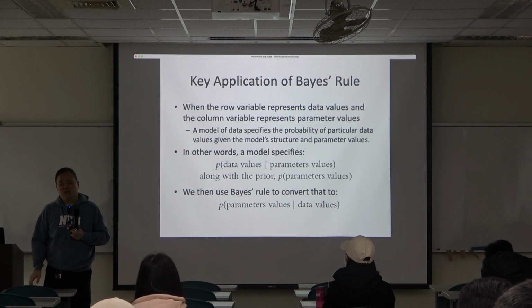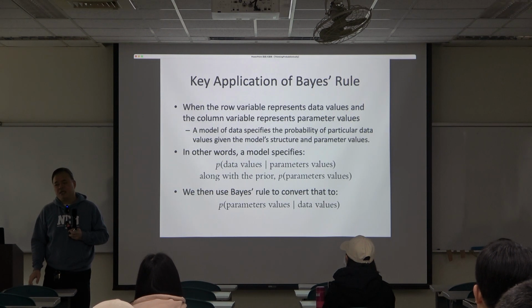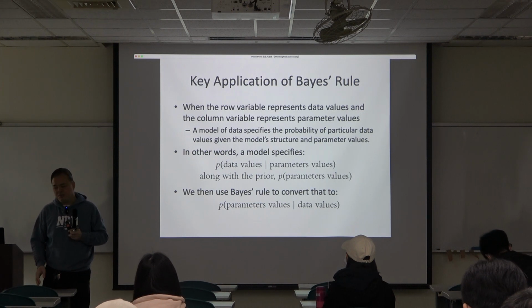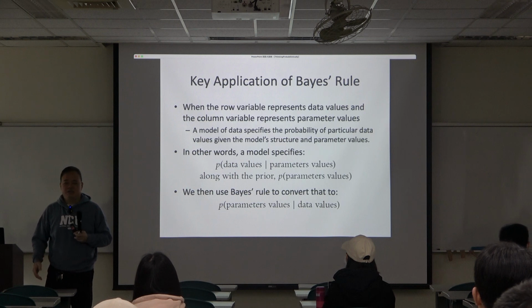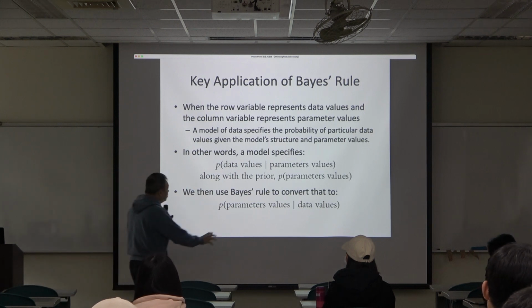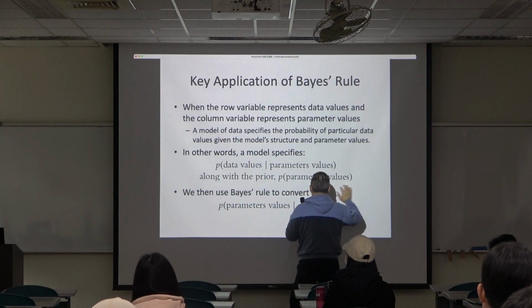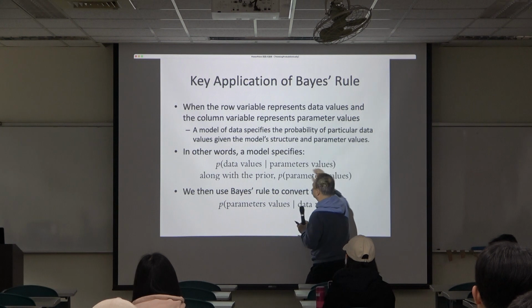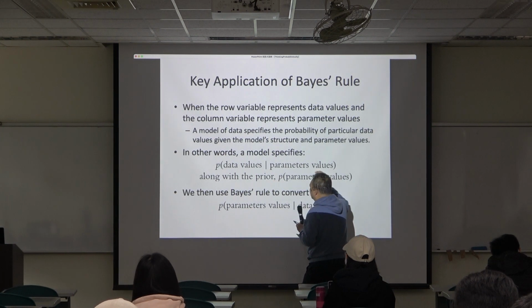If your prior is that the chance that Zhongli is cloudy is maybe 40%, that's your prior.